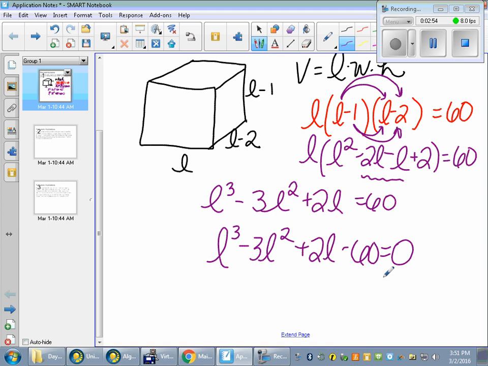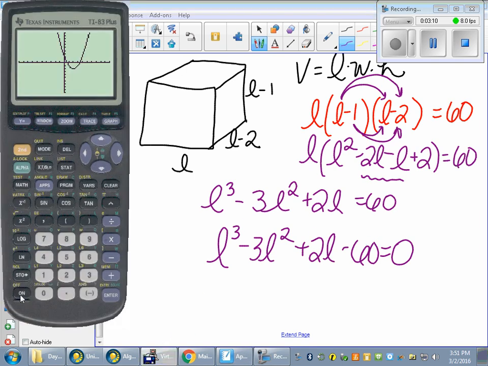All right, so I'm trying to solve this question, and I want to think about how do we solve polynomial equations. Well, we could try to factor. How do you factor unless we do a GCF, something like this? So the best thing to do is to go to our calculator and look for solutions. Remember, solutions in our calculator are where does it cross the x-axis.